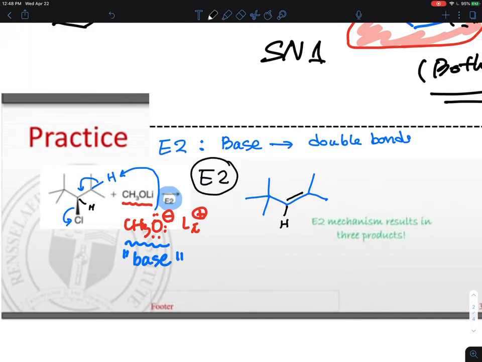E2 essentially means you have to take a hydrogen. This is a delta positive carbon, and you find the neighboring carbon and the hydrogen connected to it. That's the one they are going to take, for the formation of the new double bond as shown up here. This is a bimolecular mechanism.